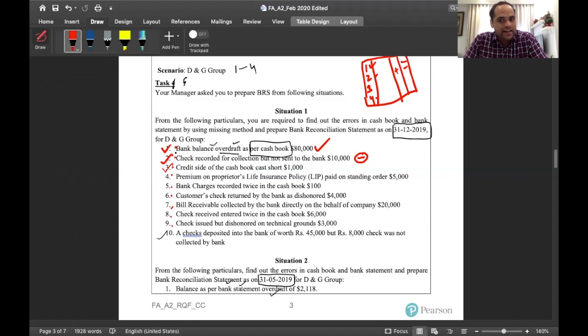The credit side of the cash book is cast short, which means a lack of $1,000. So what do you think? Positive or negative?